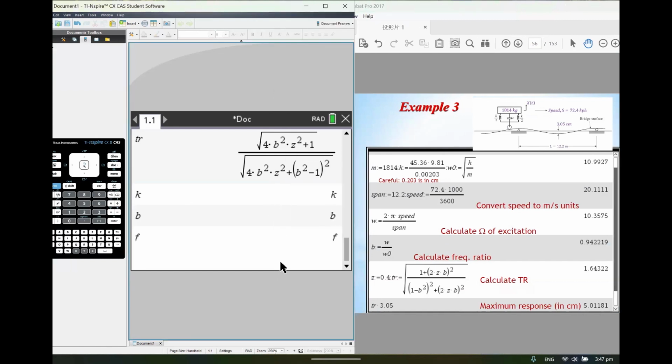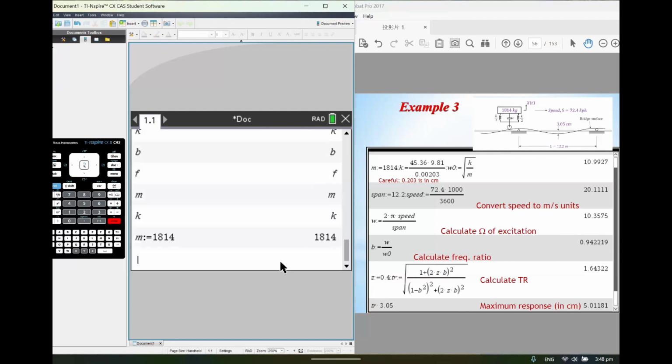Okay, so now first let's be sure that all those things M, K, and so on have not been defined yet. Now let me put in the mass, which is 14 kilograms, which is given in the picture.